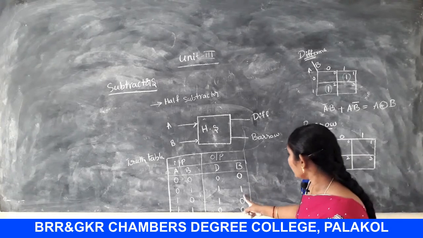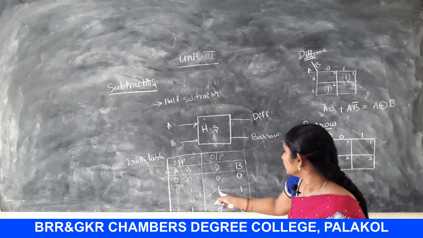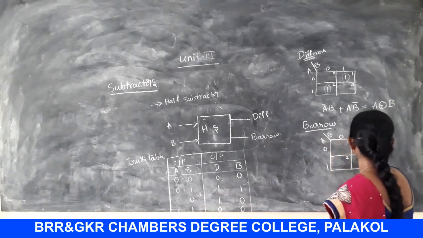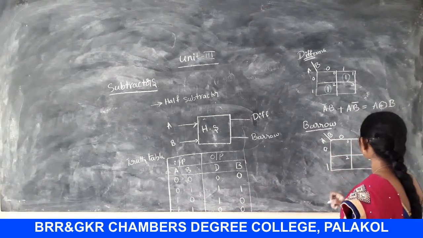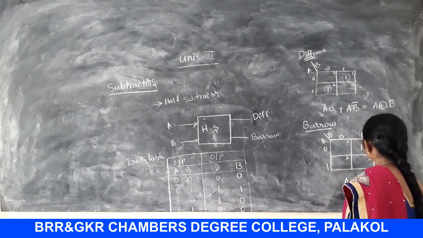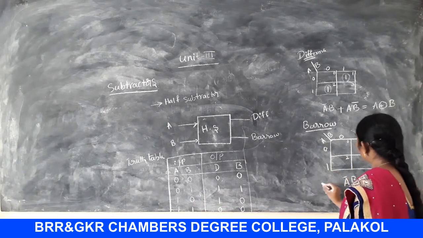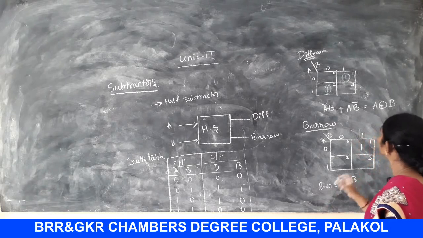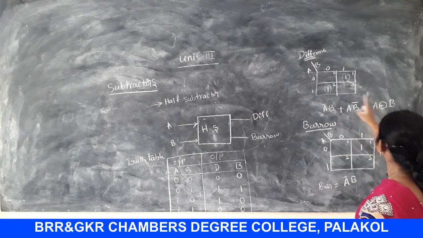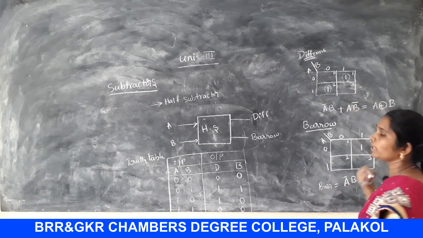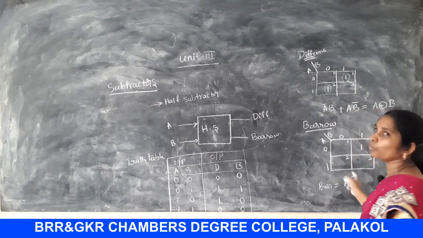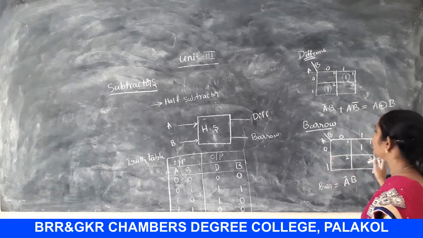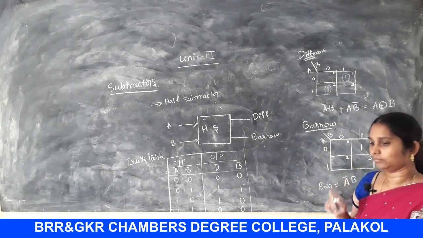So only one 1 is there, for this. Okay. So the expression for borrow is A bar B. So borrow is equal to A bar B. This is for difference A XOR B. By using these two expressions, we have to draw the logic diagram.